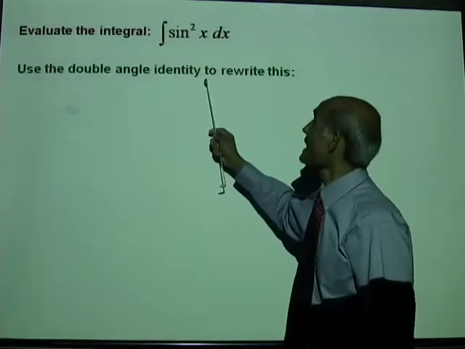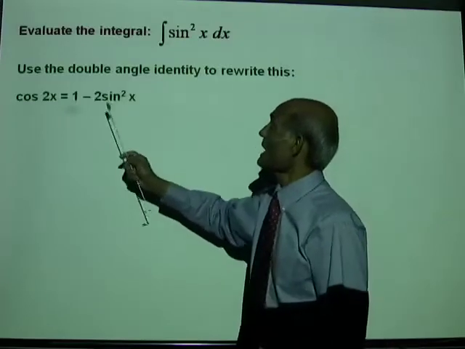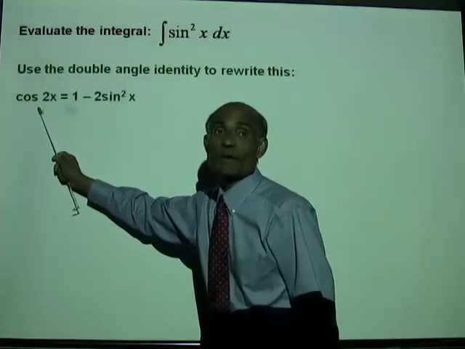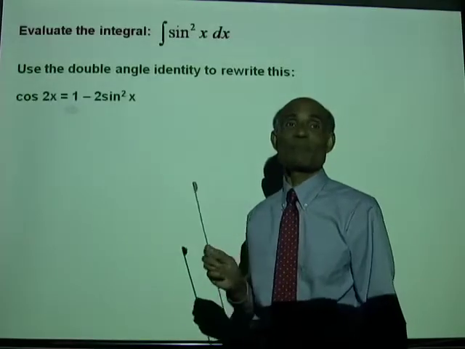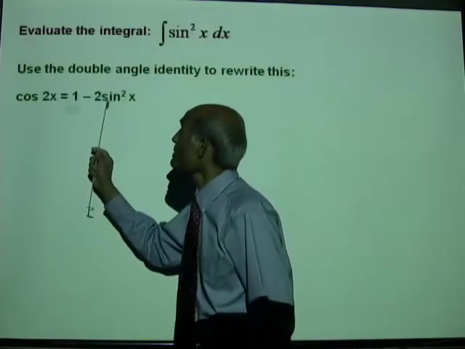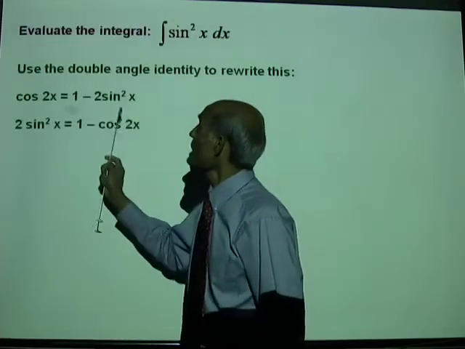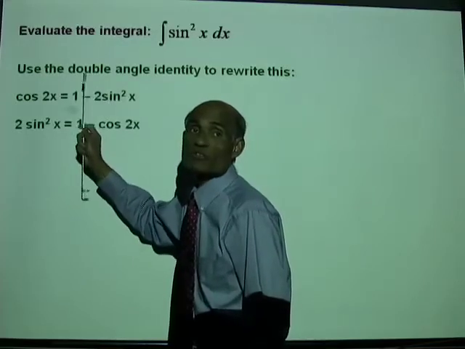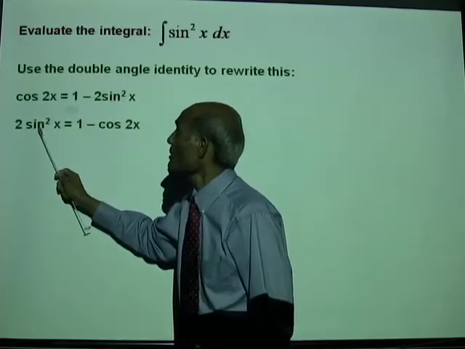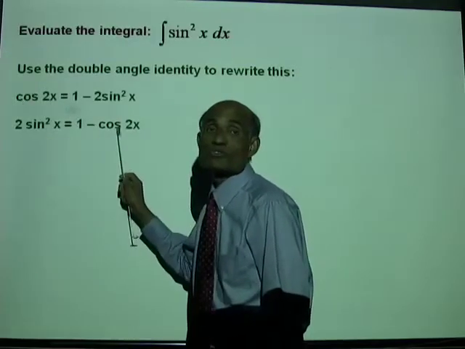Use the double angle identity to rewrite sine squared x. Look at this, cos of 2x is 1 minus 2 sine squared x. Therefore, solve sine squared x from here. It will be 2 sine squared x equal to, if you take this to the other side, it will become positive, 2 sine squared x equal to 1 minus cos 2x.